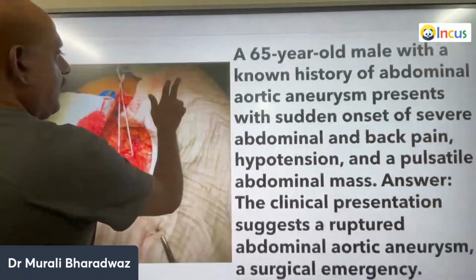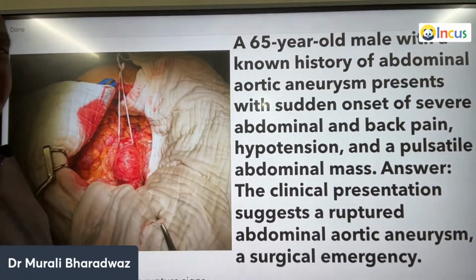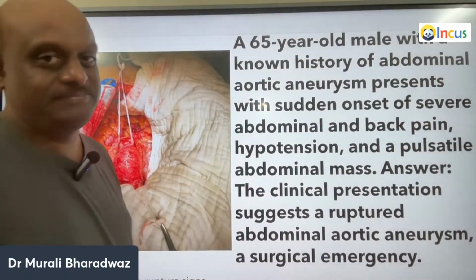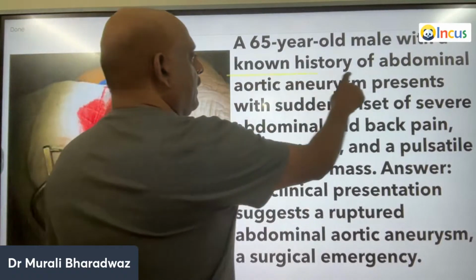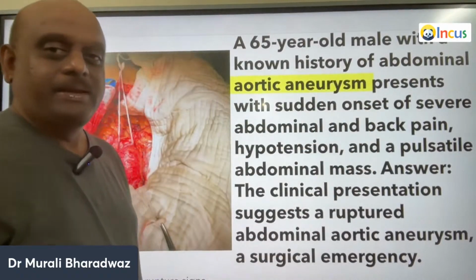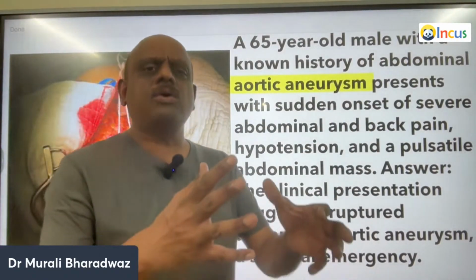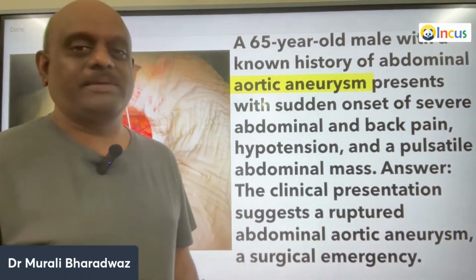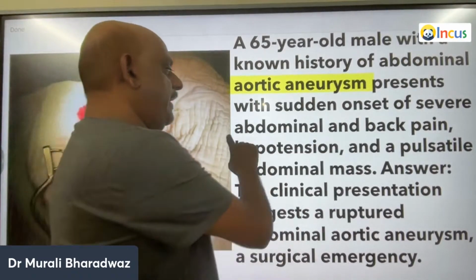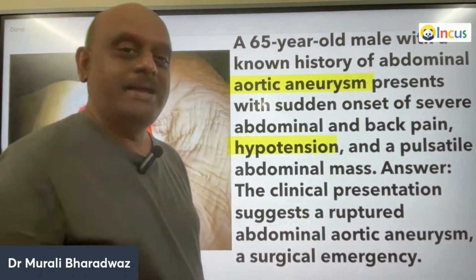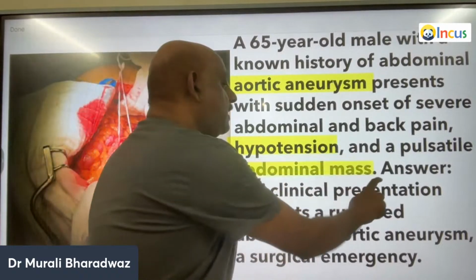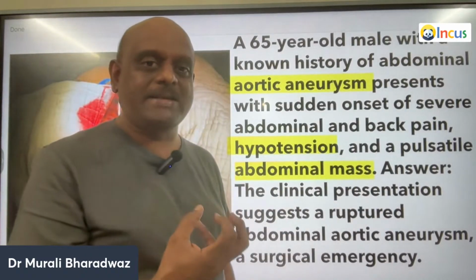Now, the next clinical case vignette. A 65-year-old male with a known history of abdominal aortic aneurysm presents with a sudden onset of abdominal and back pain. He develops hypotension and a pulsatile abdominal mass. There is an abdominal mass which is pulsatile.